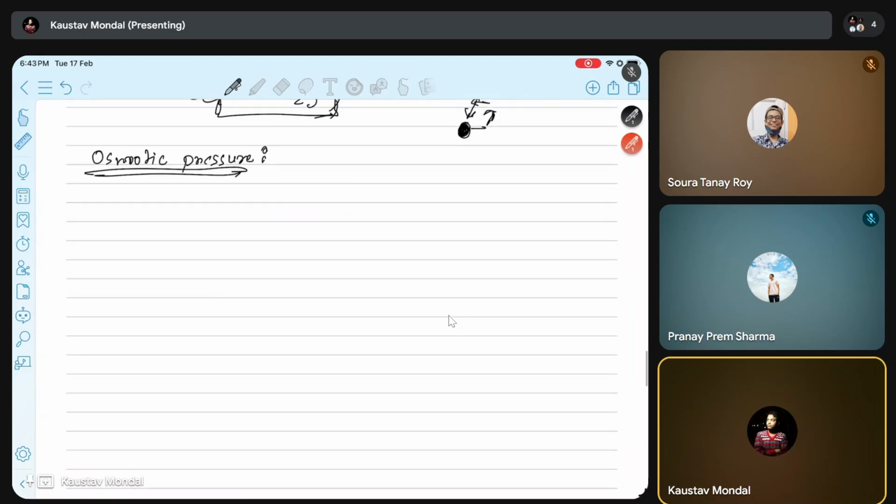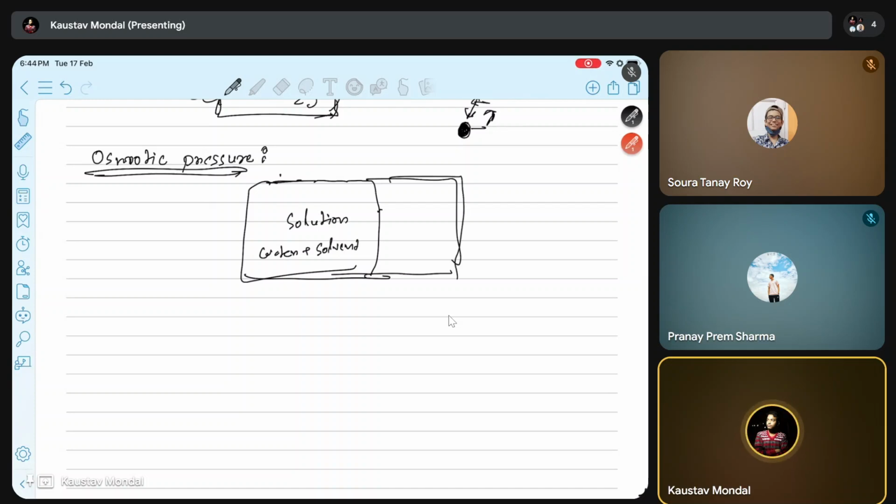Okay, so what is the osmotic pressure? Let's suppose this is a solution, some water plus some solvent, and in this area let's suppose there is water plus some particles.